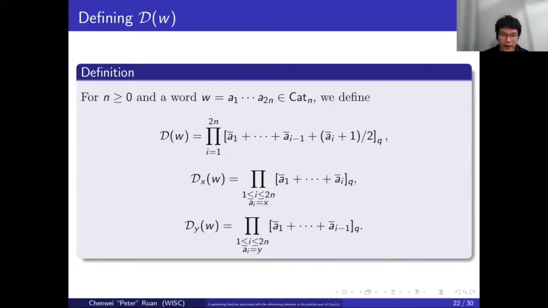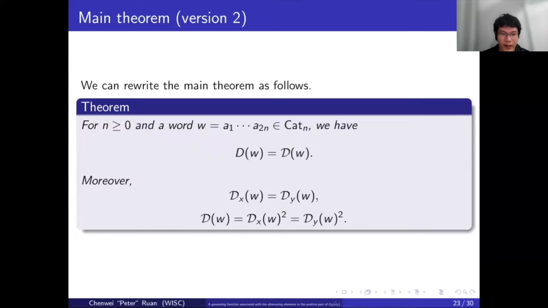And we will show that d(w) is both \hat{d}_x(w) squared and \hat{d}_y(w). Okay, so we can now rewrite our main theorem as follows. We only need to prove that these two d notations coincide, that they are the same, and also, to prove that each d(w) is a square, we only need to show that \hat{d}_x squared is the same as \hat{d}_y.